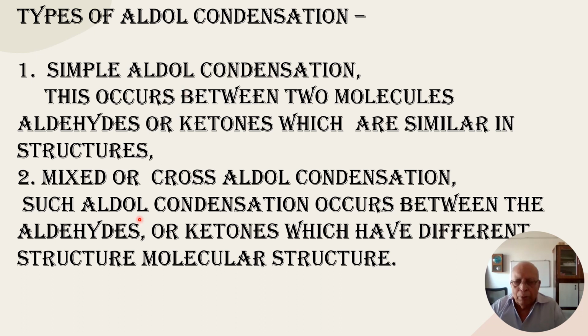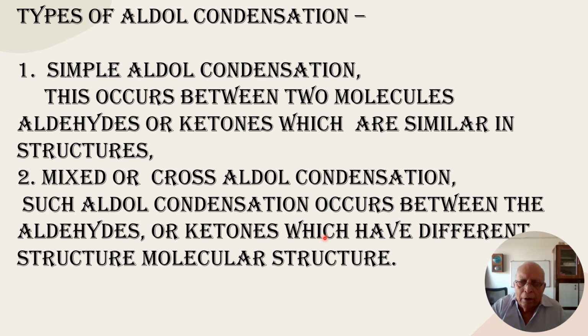Well, there can be another type of condensation which is known as cross aldol condensation. Sometimes we call it mixed aldol condensation also. Such aldol condensation occurs between aldehydes or ketones which have different structures. For example, there may be an acetaldehyde, there may be a propanaldehyde, or there may be a ketone.